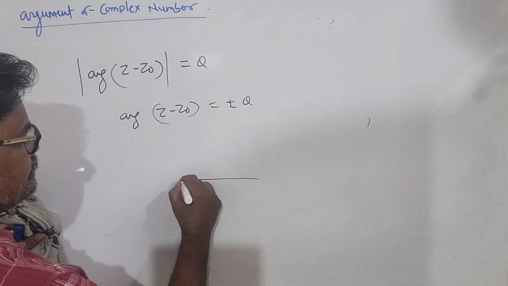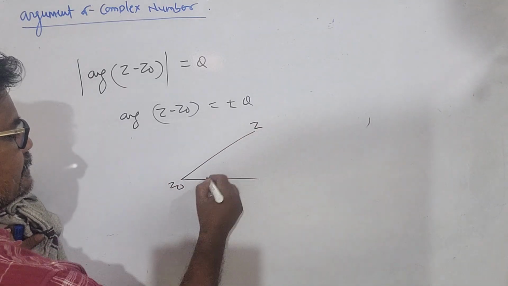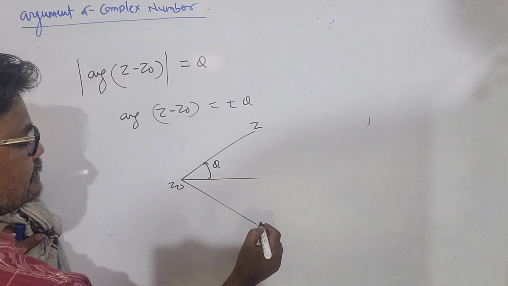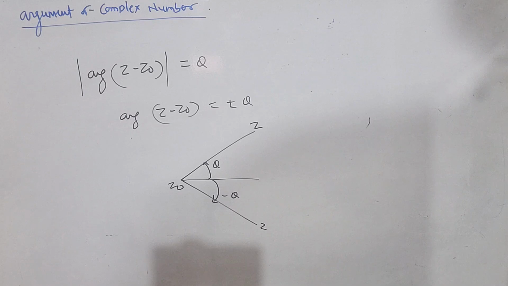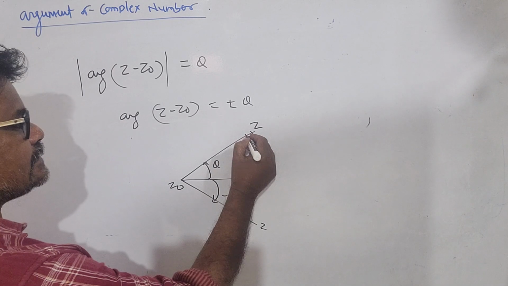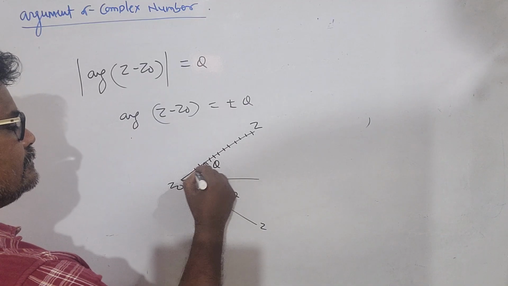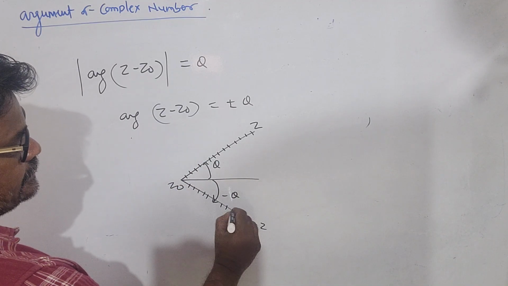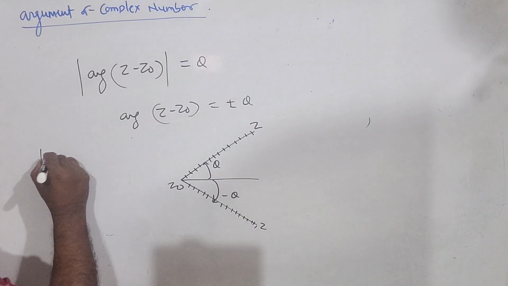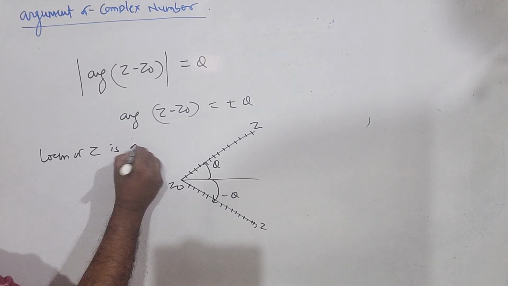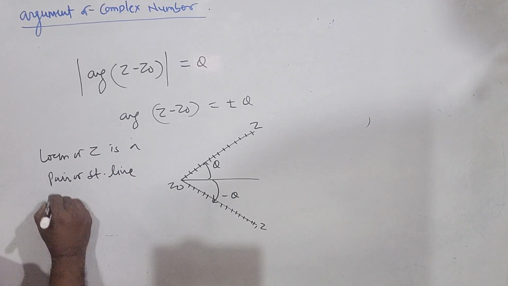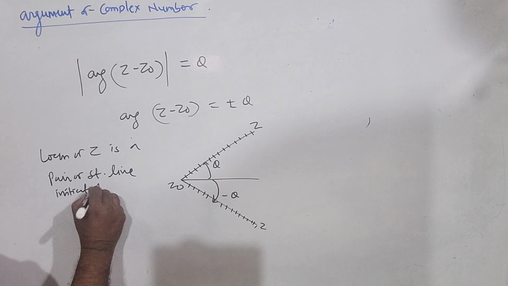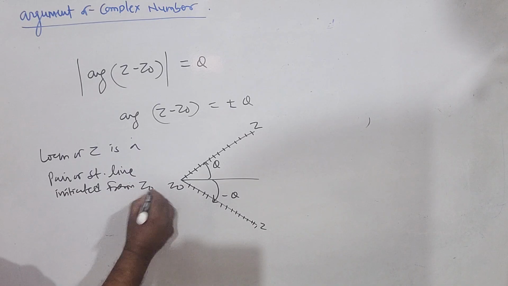See, this is z naught, this is z, this is your theta, this is z, this is your minus theta. So the locus of z is this pair of straight lines, initiated from z naught. Got it?